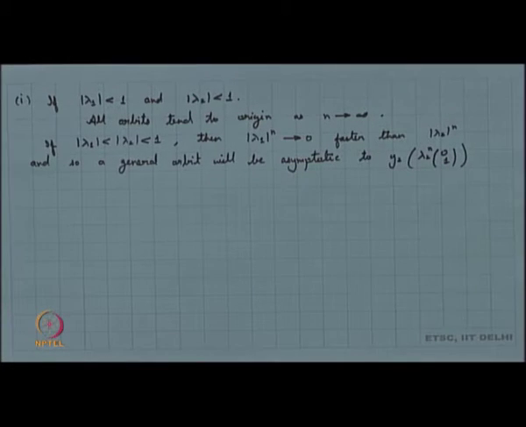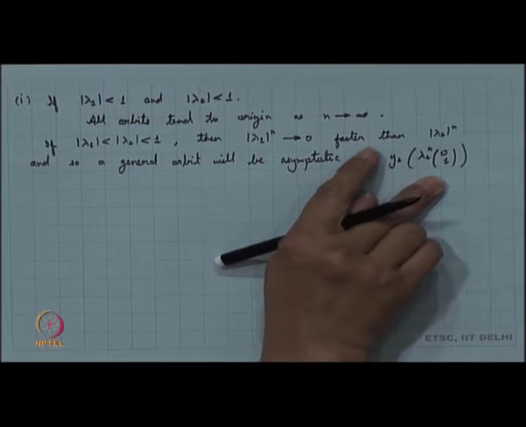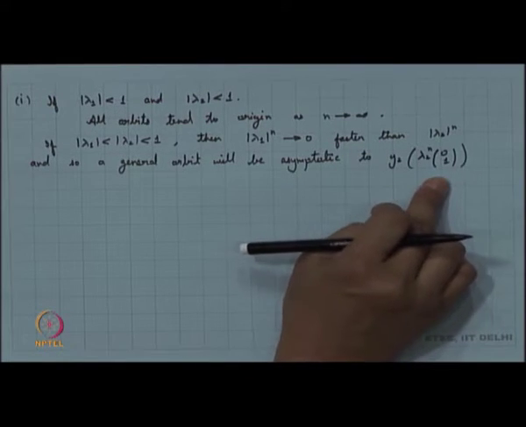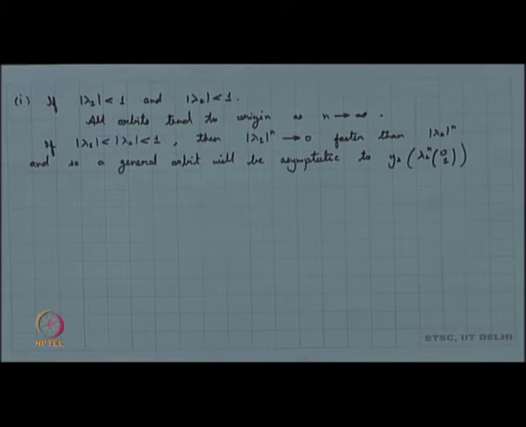This is the dominating factor because the other tends to 0 faster. So, the general orbit will be asymptotic to y2, and y2 is also tending to 0. So, ultimately everything will tend to 0.